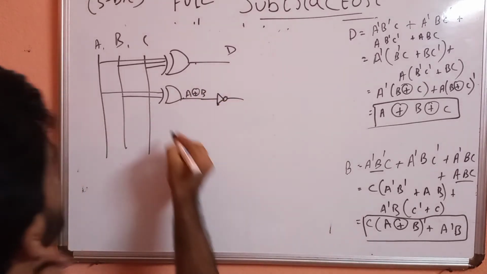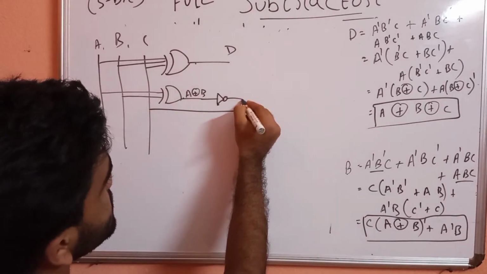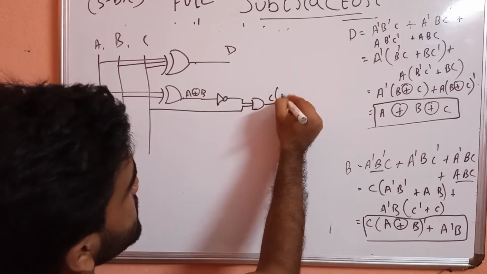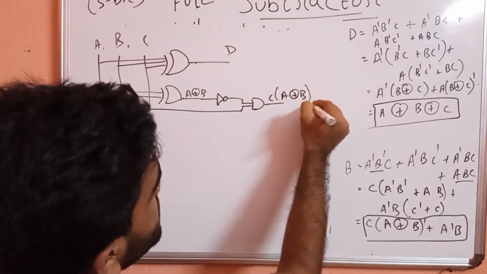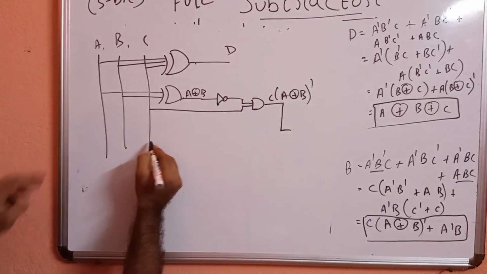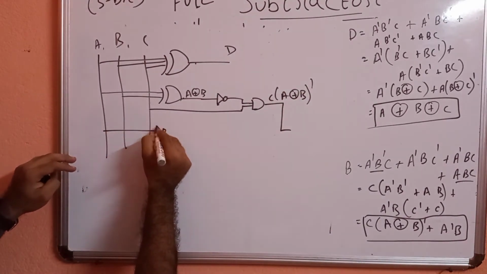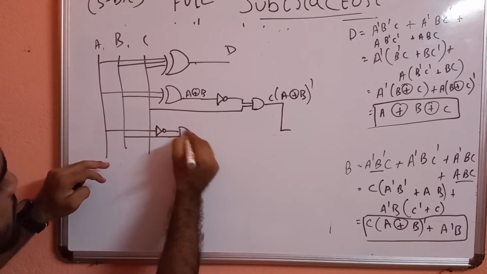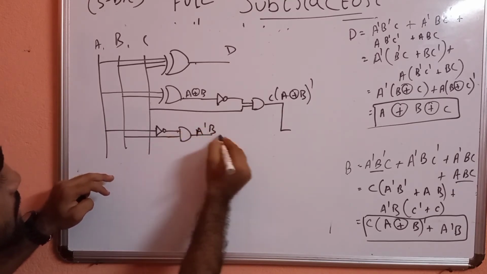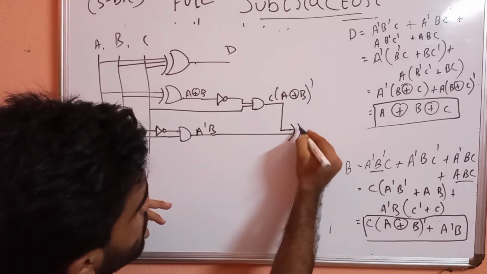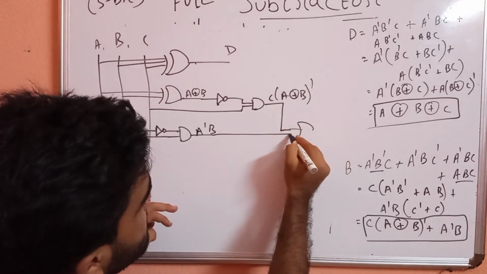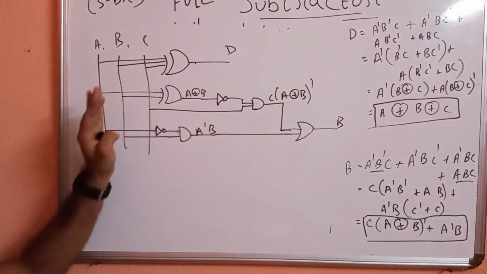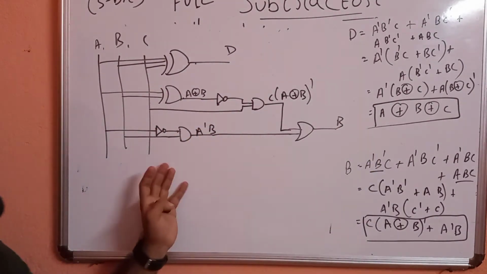And doing AND with C, this is C, A XOR B whole complement. Now we will do A complement, A complement B, that means AND of A complement and B here, and doing this whole as OR. So this is my borrow expression. This is the logic circuit design of the full subtractor.